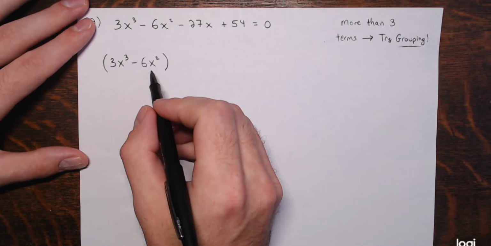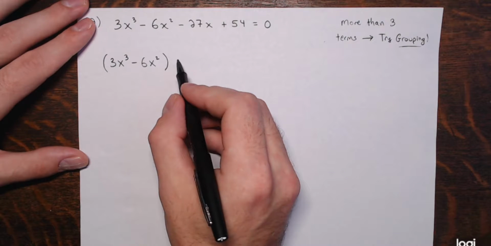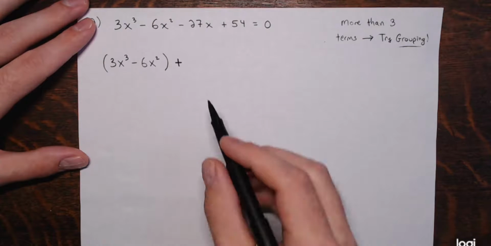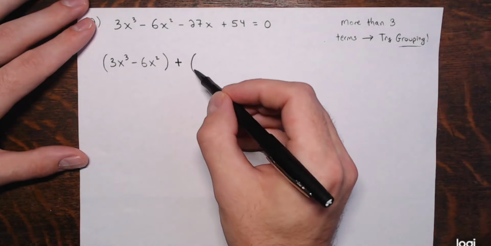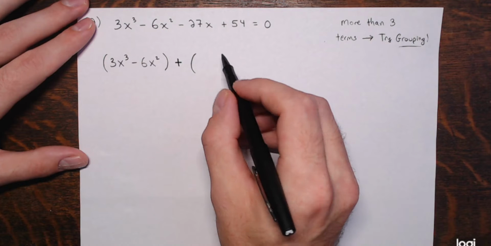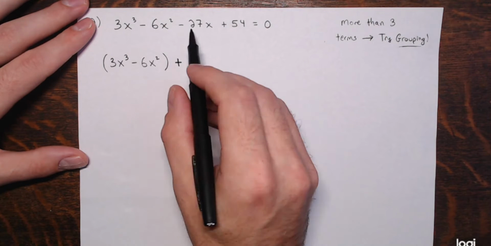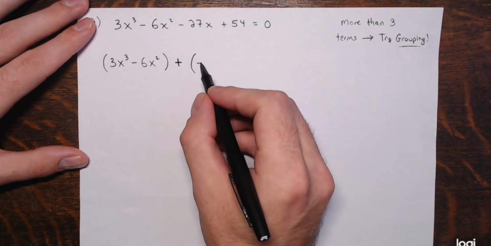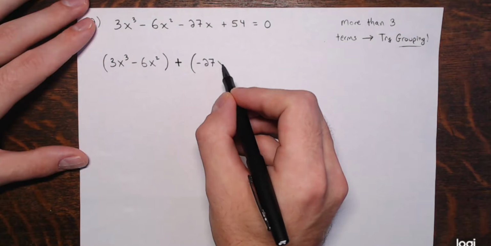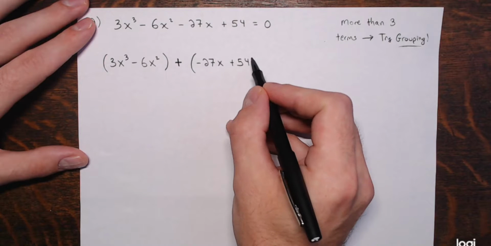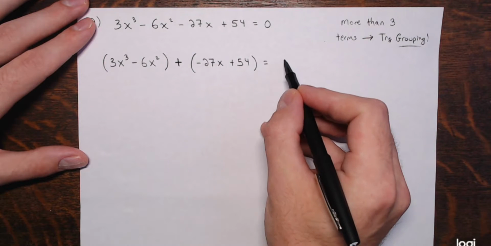There's one group. And then I personally like to put a big plus sign between my groups. Plus, and then I'm adding on the second group, which contains the next 2 terms, which are negative 27x and then positive 54. And then we still have the equals 0.